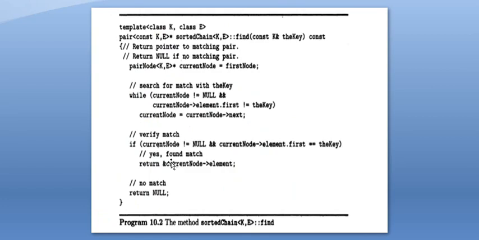So return the address of current node element, and using the pointer we can access it in the program. If not, return null. That's what it does. Since you have an element here, it is going to return this whole pair.